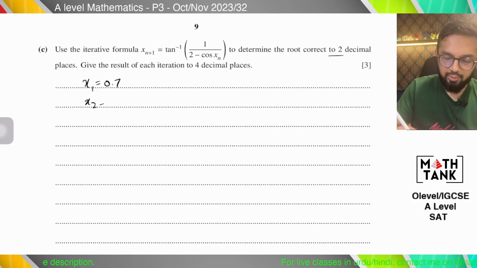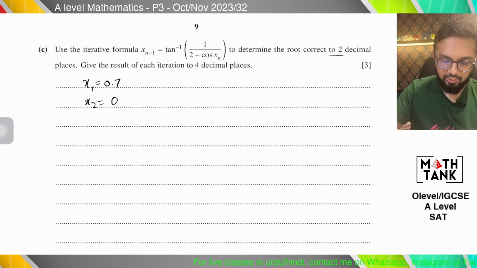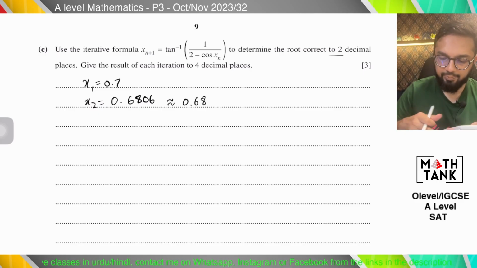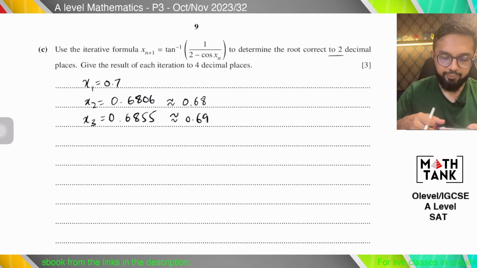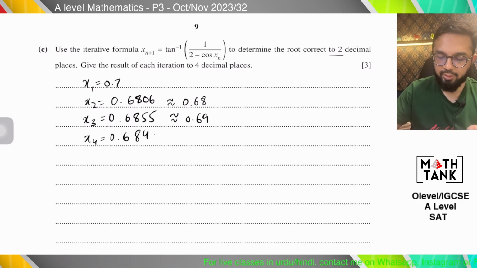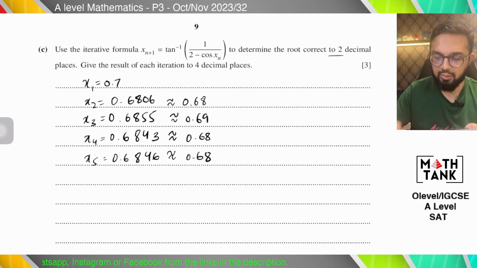So x2 comes out as, I want to give you each iteration correct to 4 decimal places, 0.6806, 0.6855, 0.6843, 0.6846, and 0.6845.